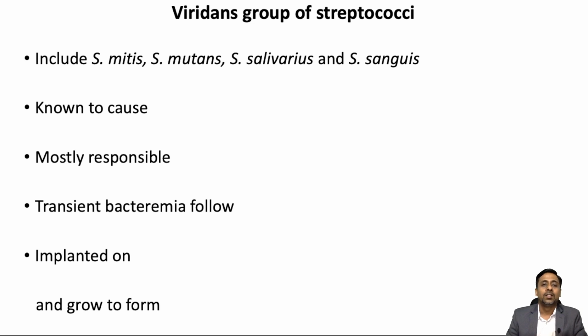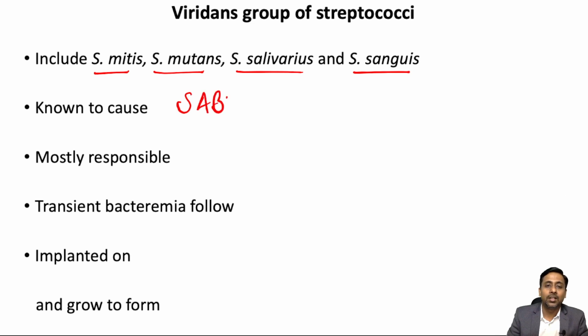Now the Viridans group of Streptococcus includes Streptococcus mitis, Streptococcus mutans, Streptococcus salivarius and Streptococcus sanguis. It is known to cause subacute bacterial endocarditis. The one mostly responsible among these is Streptococcus sanguis.